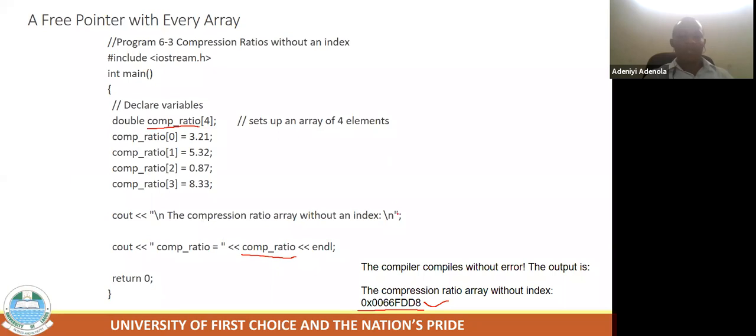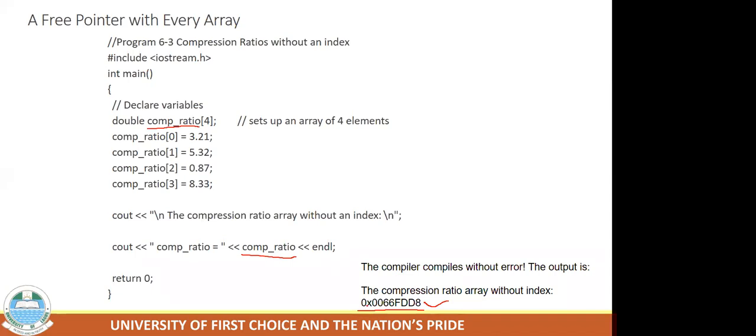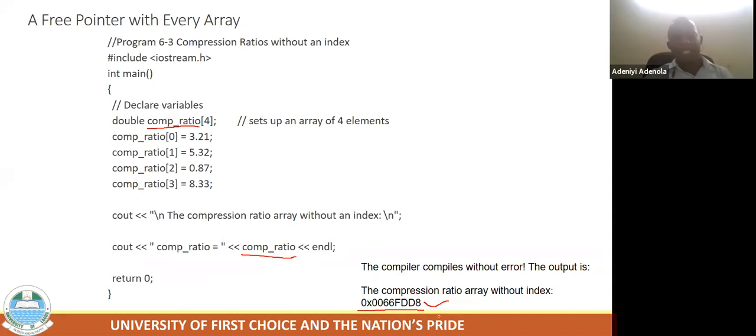So this is the memory address, on the computer memory location, in hexadecimal format. You understand? So what this means is the address of the 0th element. Every time you create an array, a pointer is implicitly created, not clearly stated, but implicitly.